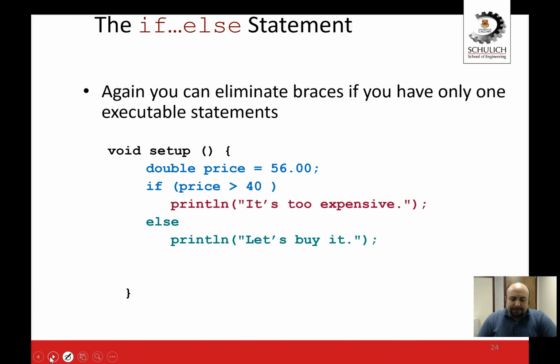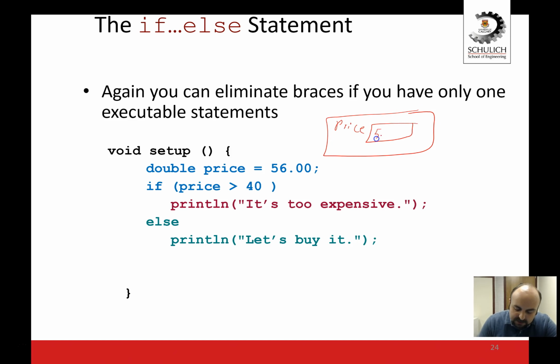Let's see an example. So here we say if price is 56, so I'll draw it up here. So price is 56.00, and this is the setup. You say if price is greater than 40, it's too expensive, else let's buy it. In this case, what would be the output?